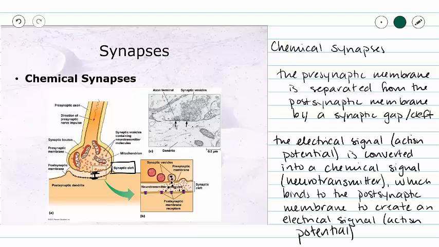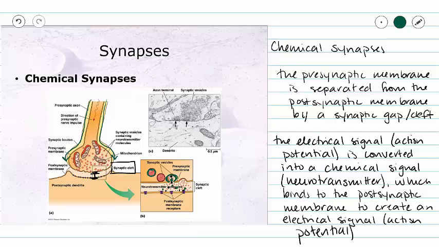So in our picture, we are going to have an action potential come through our presynaptic membrane. This action potential will cause synaptic vesicles filled with neurotransmitter to fuse with the presynaptic membrane, releasing neurotransmitter into the synaptic gap.